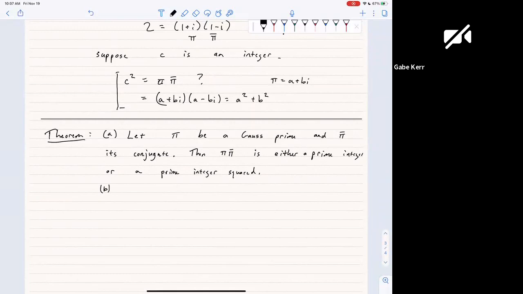Now let's look at the other side. Let's suppose we take one of our prime integers and think of it inside of the Gauss integers. Suppose p is a prime integer.